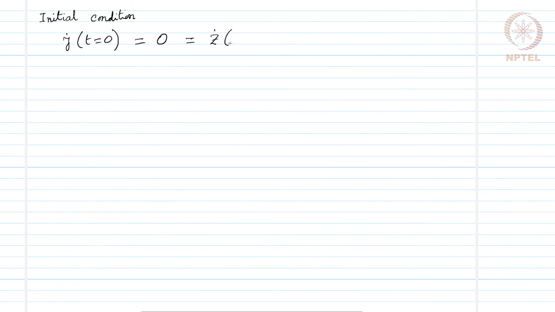So, z dot at t equals 0 is also 0, and the particle is at the origin. So, y and z, those are also 0 at t equals 0.